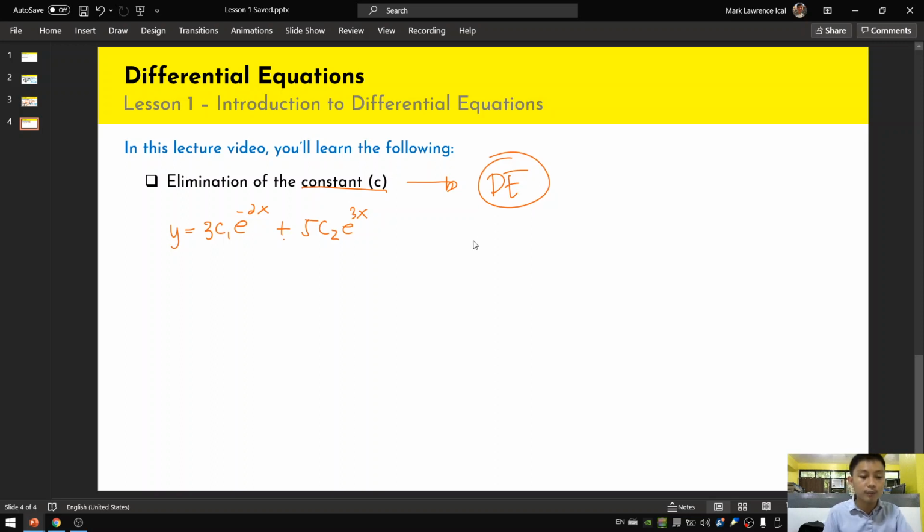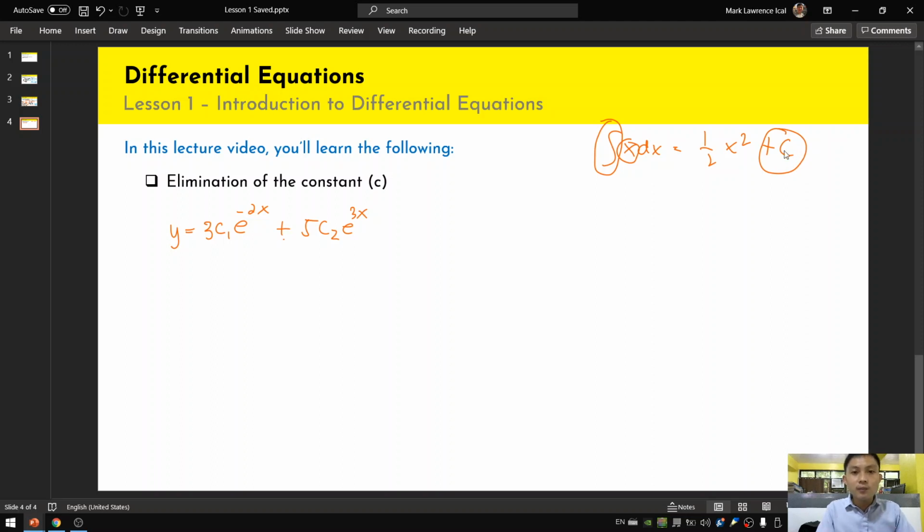We're going to eliminate c in order for us to obtain the differential equation. Okay? So, if you can remember your integral calculus, let's say going back to integral of x dx, this is 1/2 x squared plus c. It means that you integrated x once, so you see plus c, because you integrated the function once, so you have only 1c.